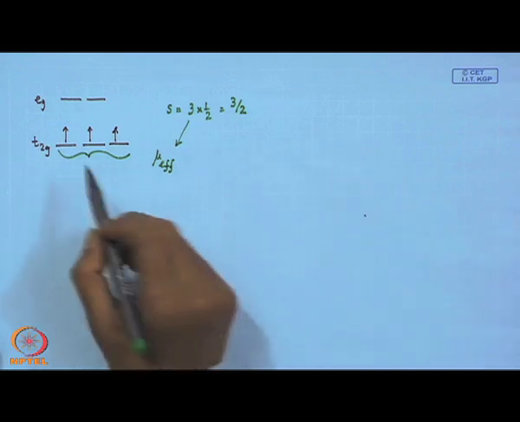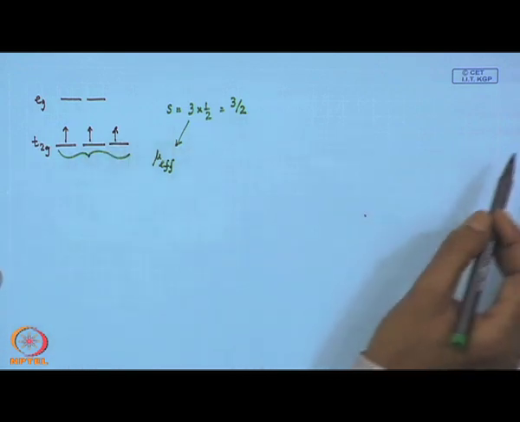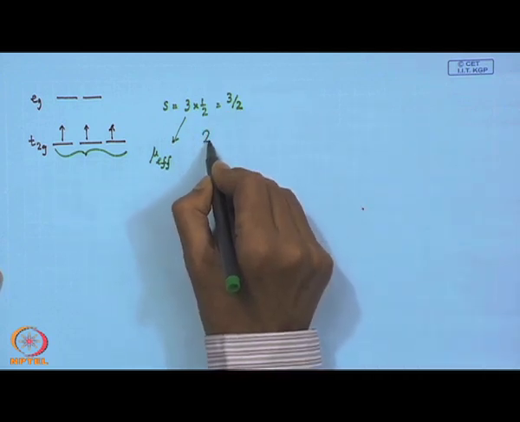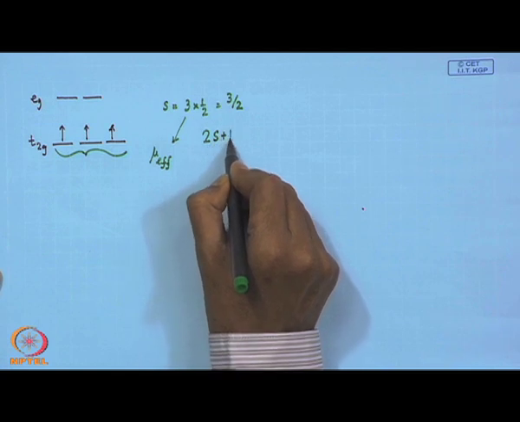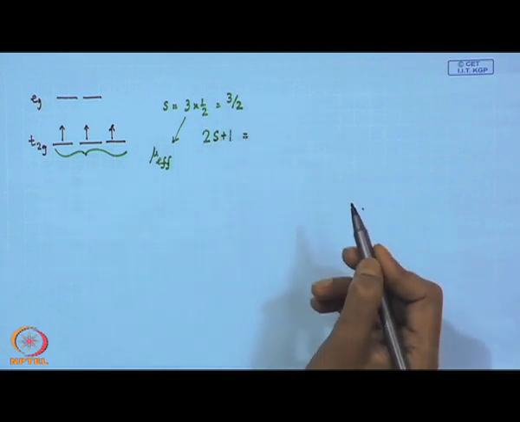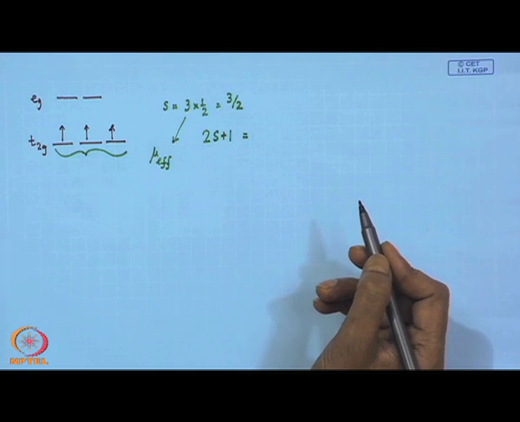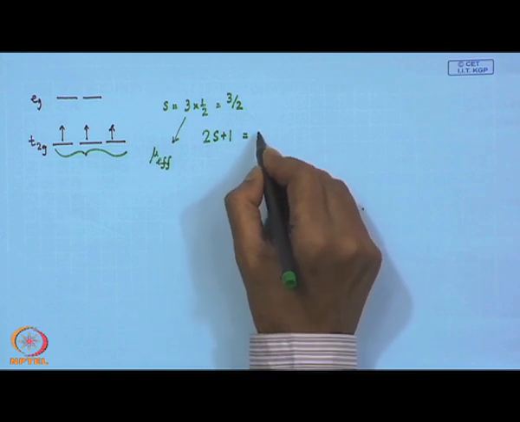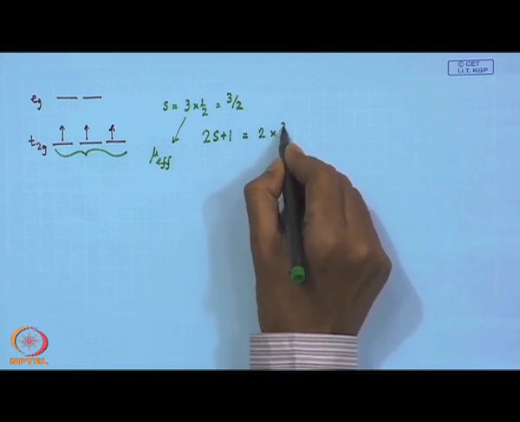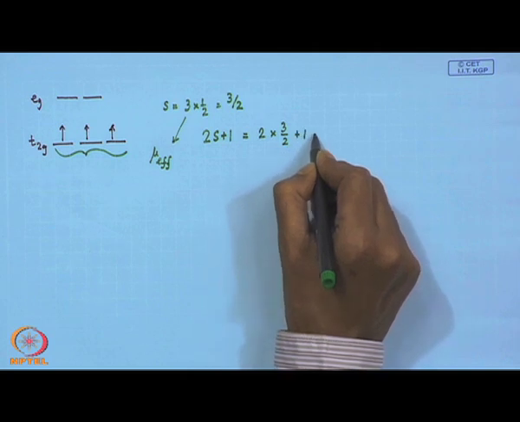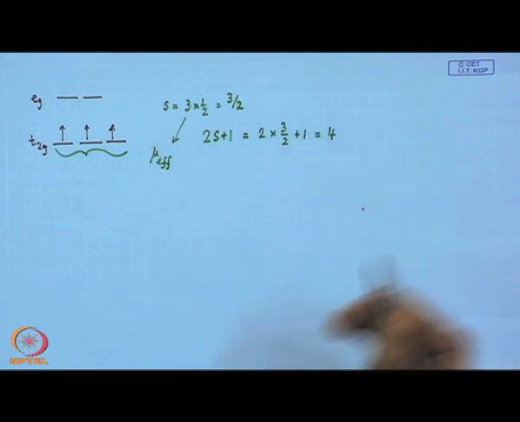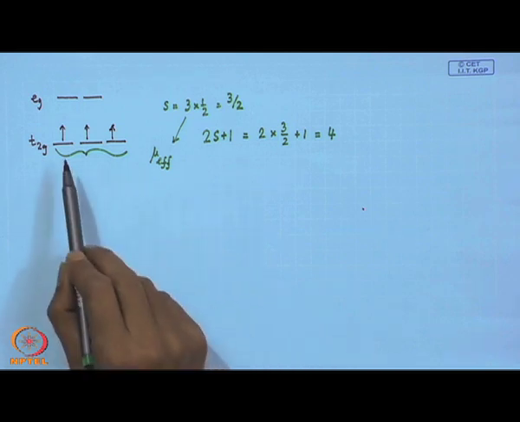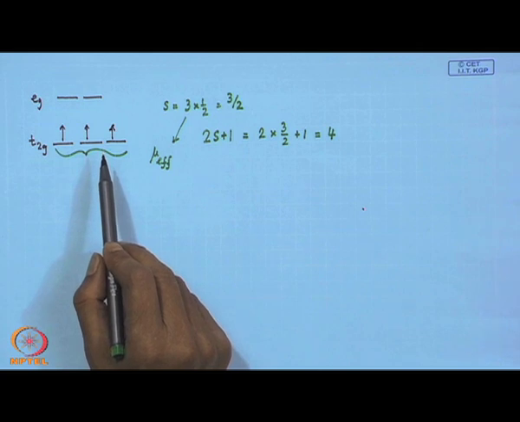And we find that 3 unpaired electrons are still there and we get a total S value equal to 3 by 2, and the spin multiplicity, which is the number of arrangements possible with this many unpaired electrons, would be equal to 2S plus 1, which is 2 into 3 by 2 plus 1, that means 4. So, 4 different types of arrangements are possible when we have these 3 unpaired electrons.